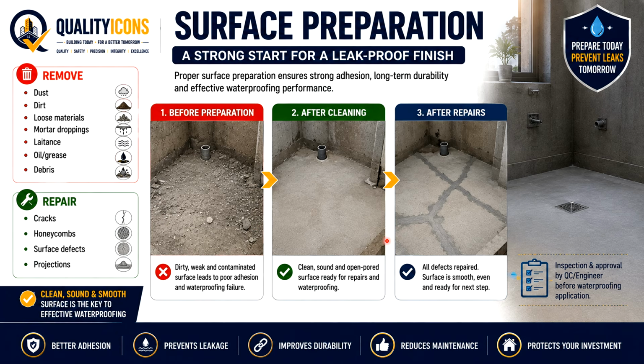The waterproofing substrate must be free from dust, dirt, loose materials, mortar droppings, laitance, oil, grease, and debris. One example: if cement laitance is present on the slab and the waterproofing coating is applied directly over it, the coating may bond to the weak laitance layer instead of the concrete.